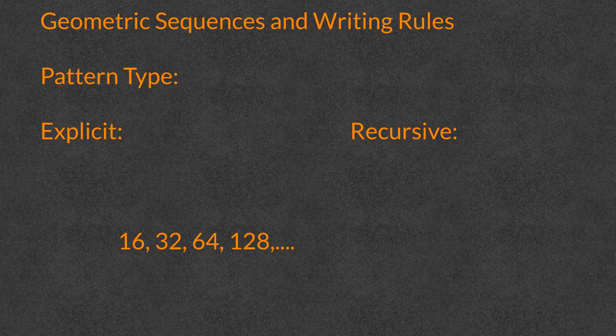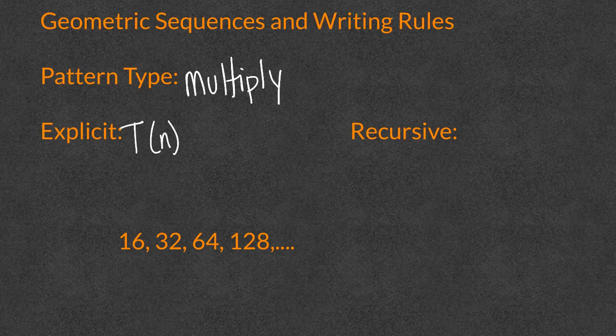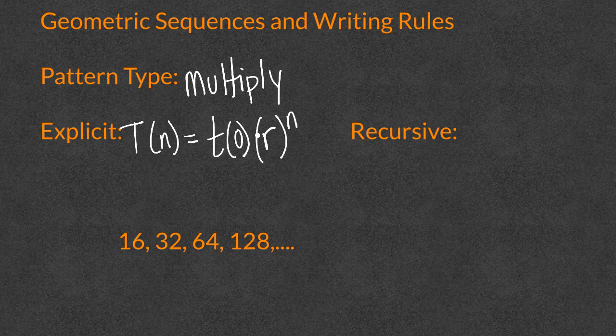Remember, when you're writing rules for a geometric sequence, the pattern type is multiplying. Okay, no dividing. It's either multiplying by a whole number or multiplying by a fraction. Okay, when you're writing that explicit rule, it's going to be T of n equals your T of 0 times your common ratio raised to the nth power.